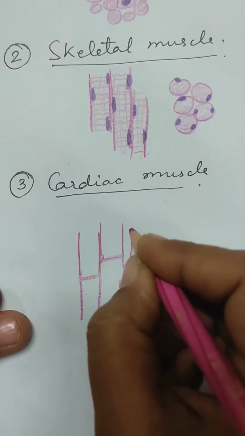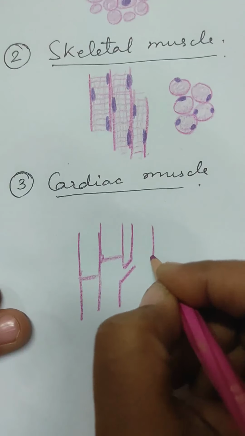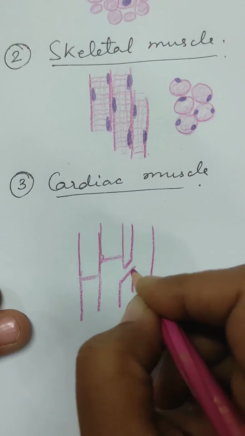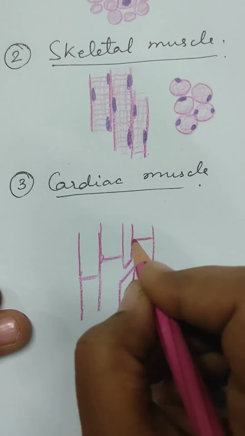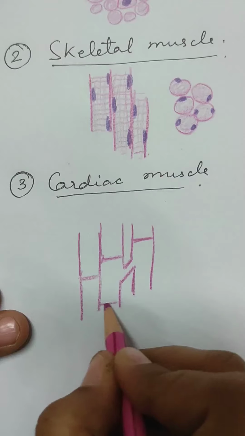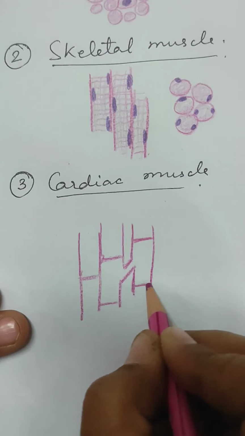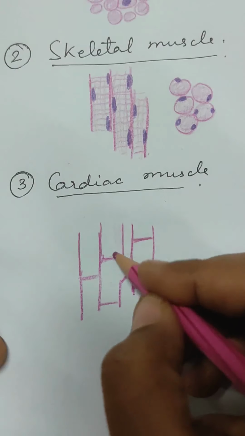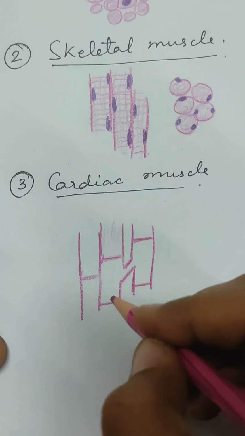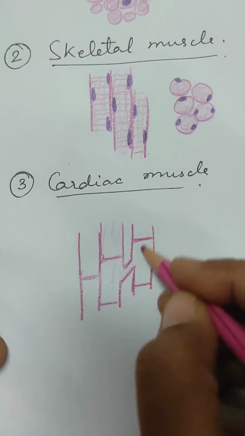They have branches which communicate with the other cells. So this is an intercalated disc. Here you can see, here can be an intercalated disc like this. So this cell communicates with this cell. Now there will be cytoplasm filled within.